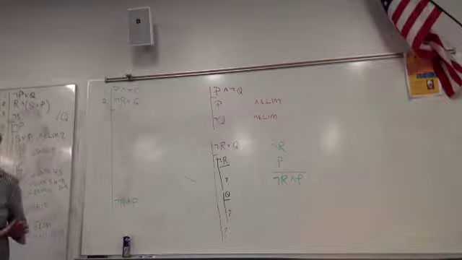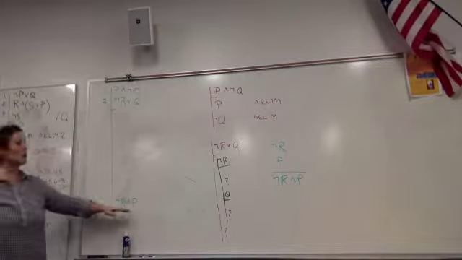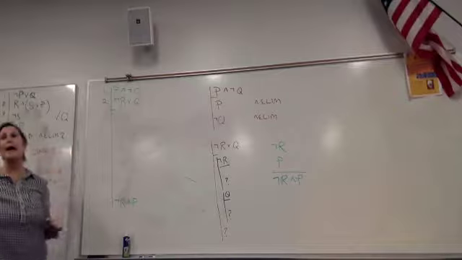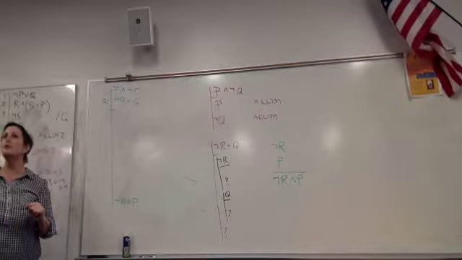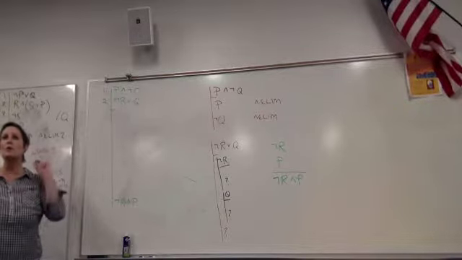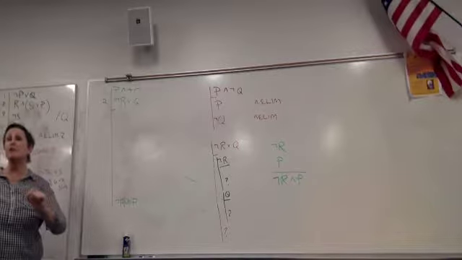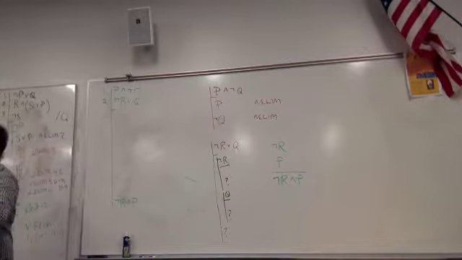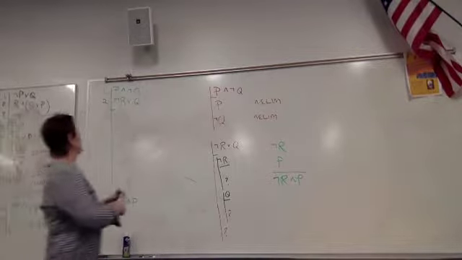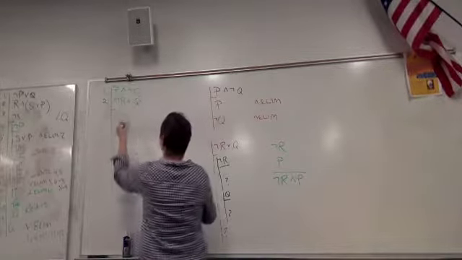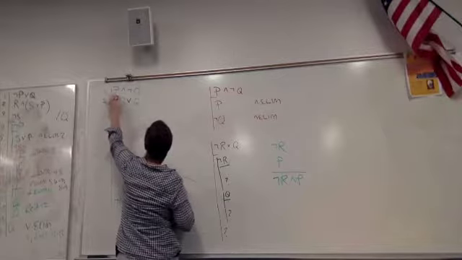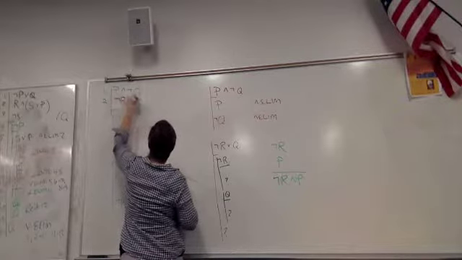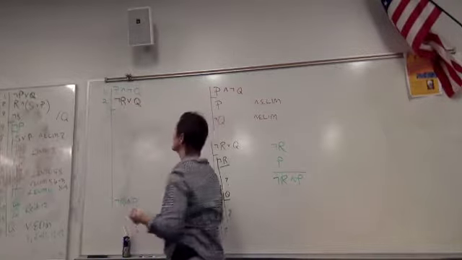Okay, so that said, knowing what we're going for, knowing what we have, what are we going to do? What is the one strategy that should, I hope, jump out at us? Disjunction elimination, right? So when you have a disjunction, set up disjunction elimination.